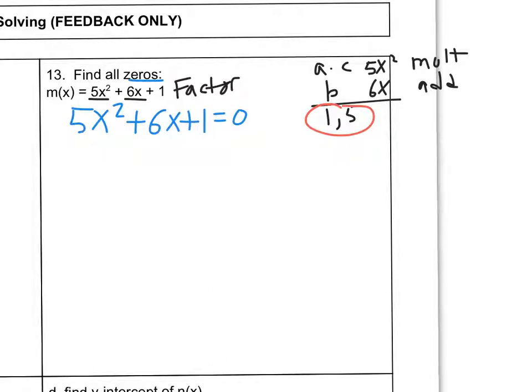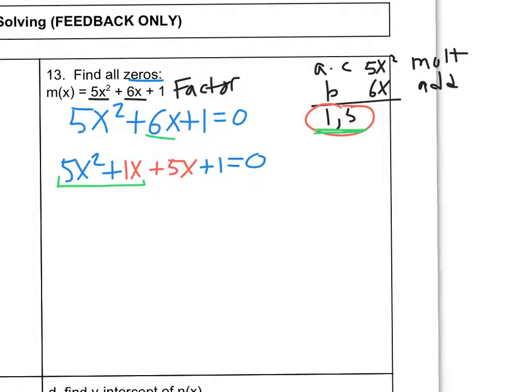I'm going to break this up and rewrite this as 5x squared plus 1x plus 5x plus 1 is equal to 0. I'd like you to notice that the 1 and 5 add up to 6, and that's why we broke them up here in that fashion.